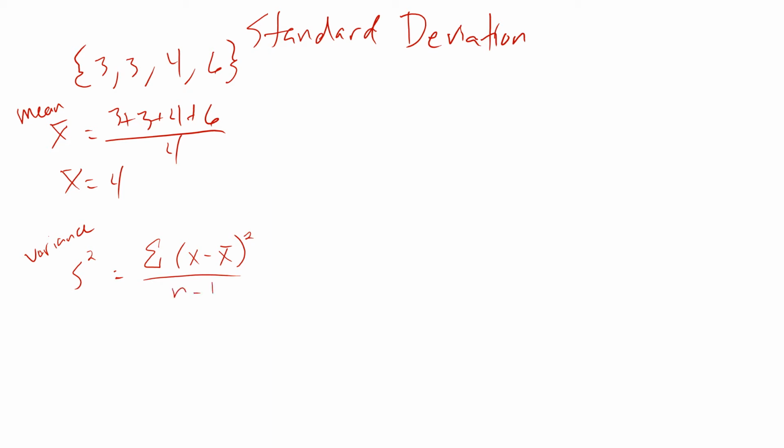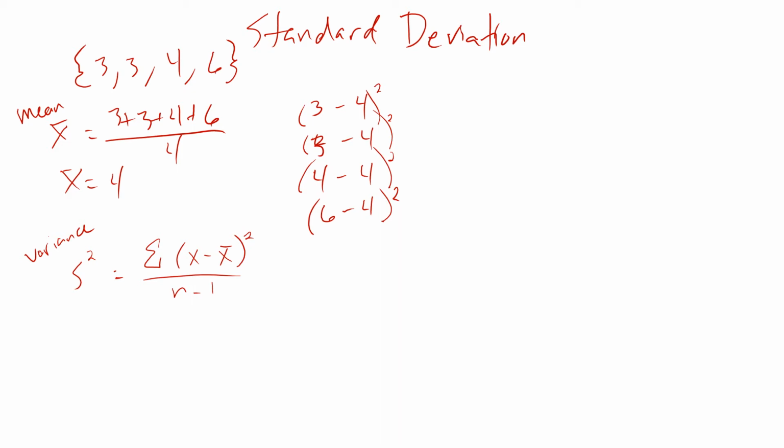So what this says is we're going to take each of our values, that 3, that other 3, that 4, and that 6. We're going to subtract the mean, which was 4. We're going to square those numbers, and then we're going to add those up and divide by 3. It's basically the average of those numbers.